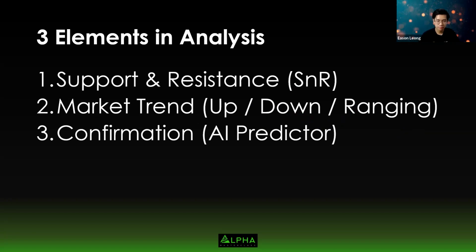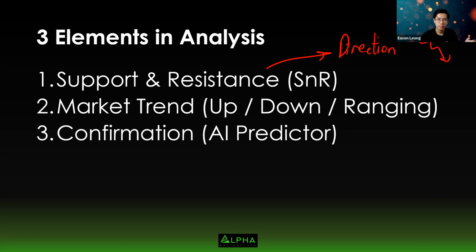Now, a big picture understanding is that first, you use the support and resistance to understand the market direction, what we call the market movement. Is it likely to be going up or down based on S and R? After that, let's say the market is likely to go down.